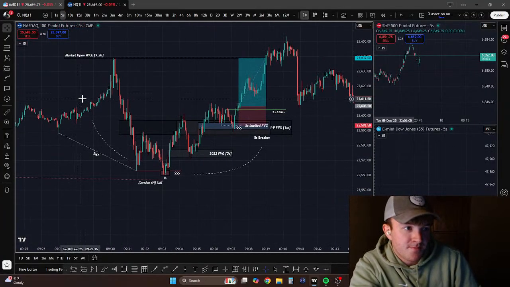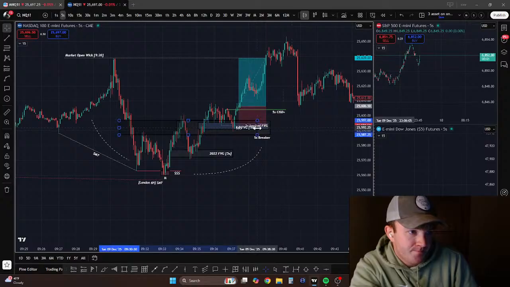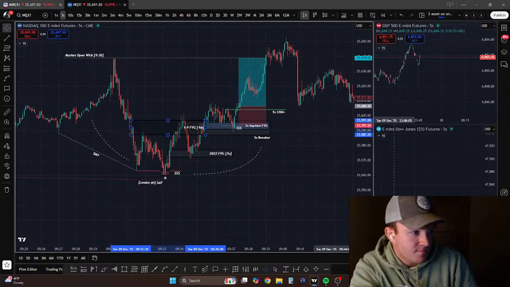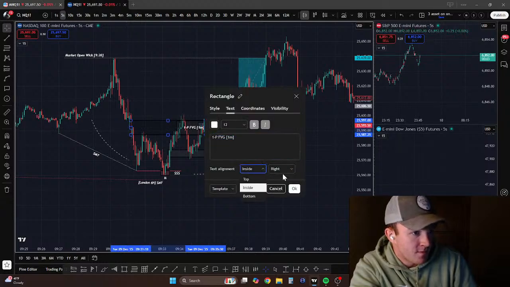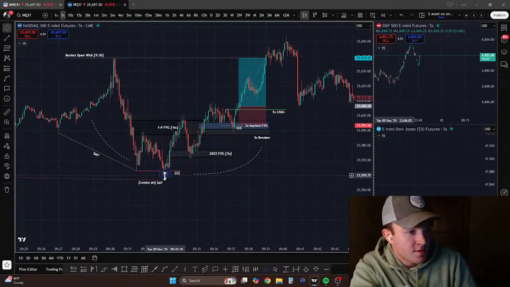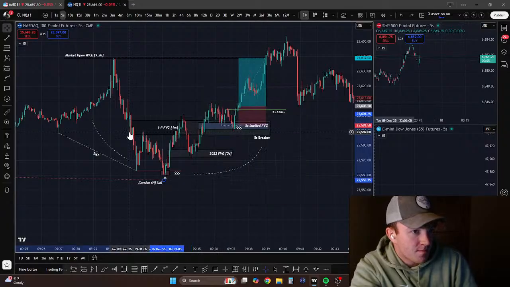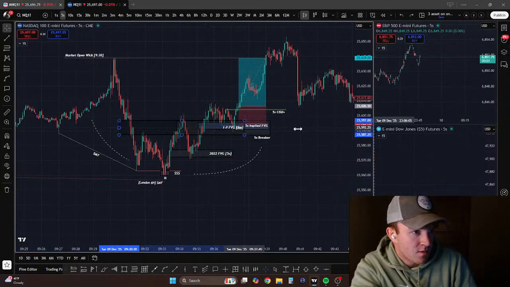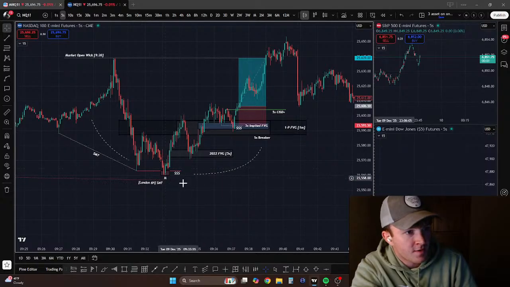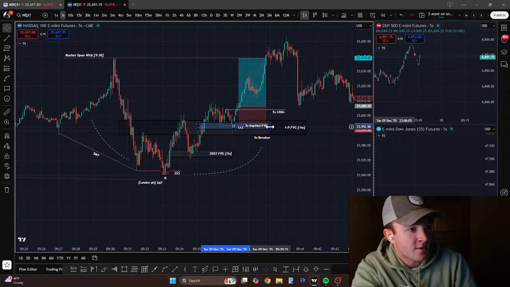Because once again, we go from the low to the fair value gap to the breaker and fair value gap.